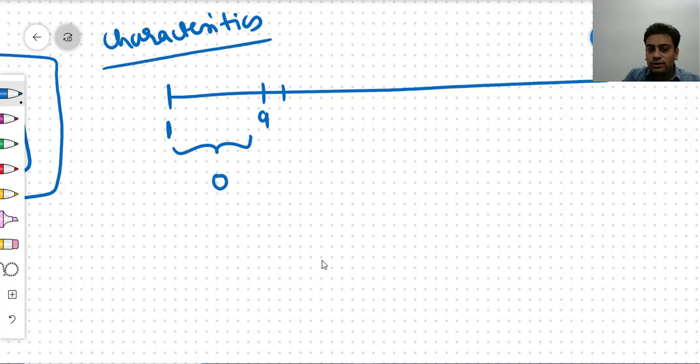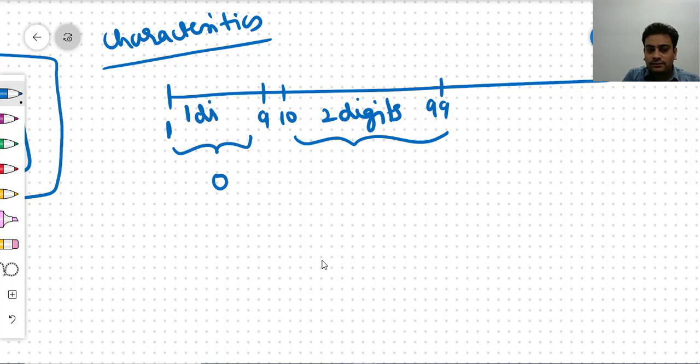When your number is from 10 to 99, we are talking about 2 digits. So in case of 1 digit, we put 0 as characteristic. In case of 2 digits, we put 1 as characteristic.